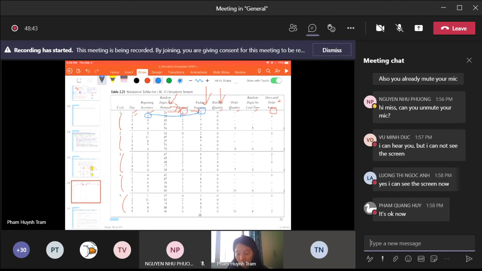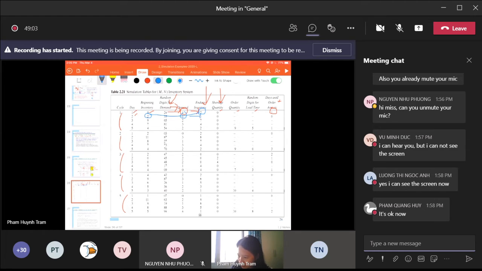Okay, we generate random digits 35, and 35 still corresponds to 1 unit. So it would be 2 - 1 is 1. Again, no shortage occurs, and so on.